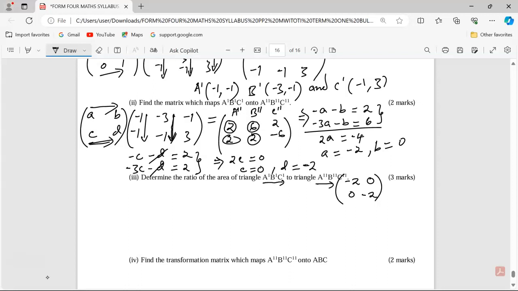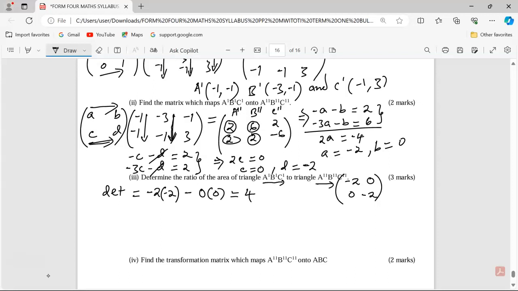So now the determinant is going to be given by negative 2 multiplied by negative 2 minus 0 by 0. So this will be positive 4. Therefore, 4 is the determinant.